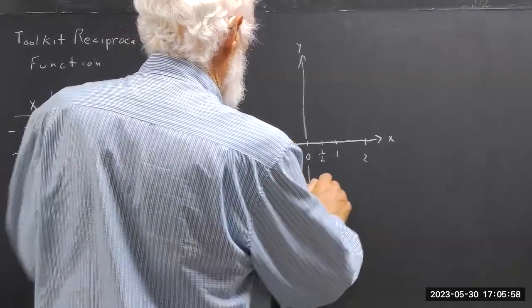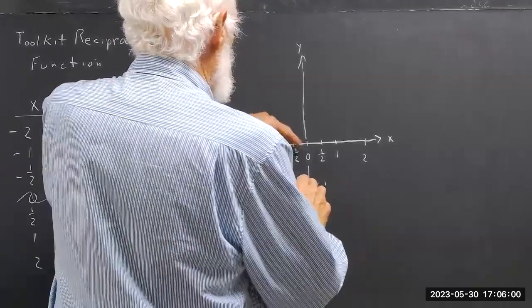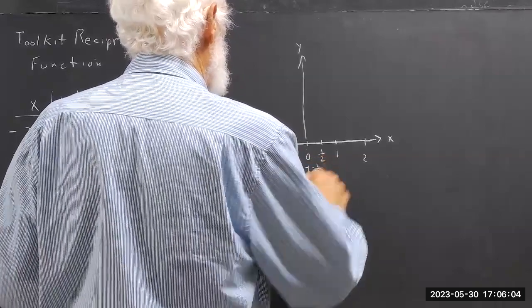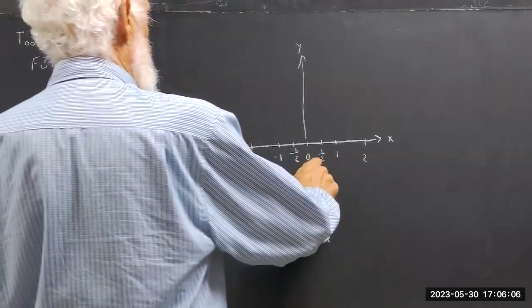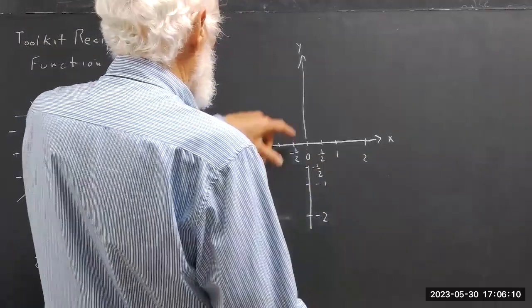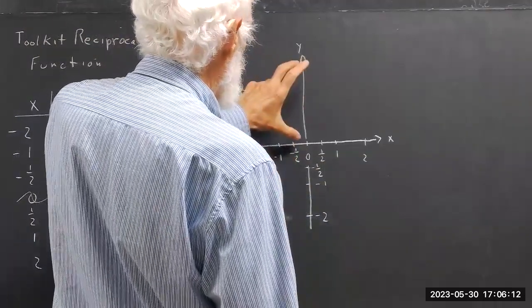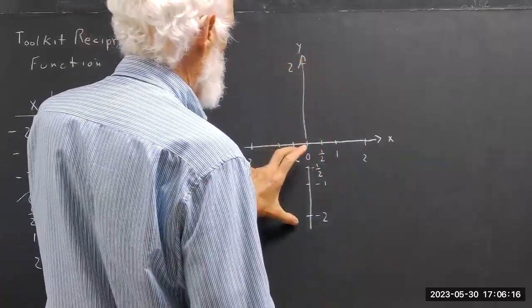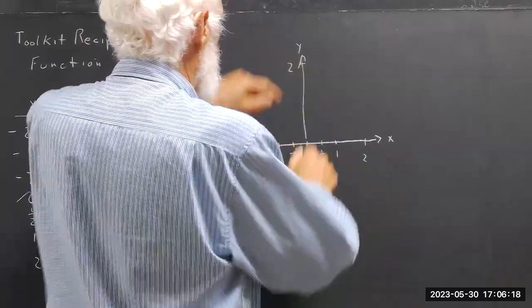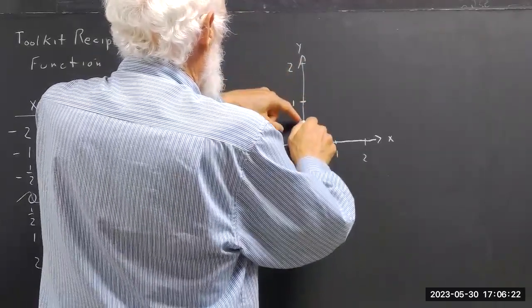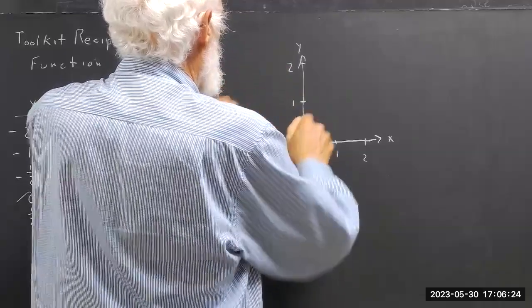Halfway between 0 and -2 is -1. Halfway here is -1/2. Then up here we go an equal distance. We get 2. In other words, this distance and this distance should be equal. Halfway here is 1, halfway here is 1/2.